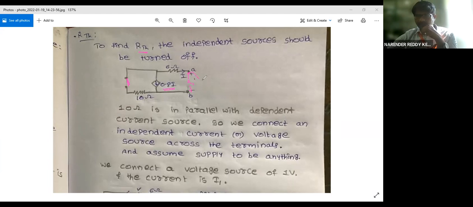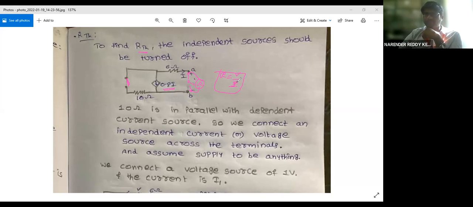If I connect an ohm meter, what is the value of resistance I am going to get? That is what I want, right? So what is the best method to evaluate the value of resistance? It is to find the ratio of V by I, right?